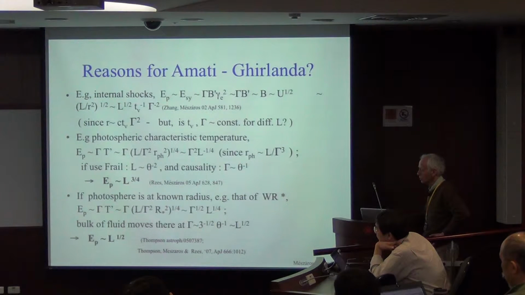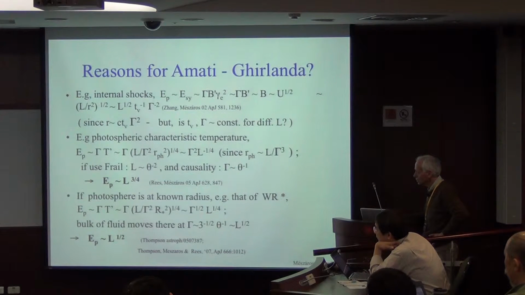But if you argue that the photosphere occurs at a set radius, a fixed radius, not a radius that varies, but a radius, let's say, which is the radius of the progenitor, the Wolf-Rayet star, then the radius is a fixed number, and you get that Ep is gamma to the 1/2, L to the 1/4.